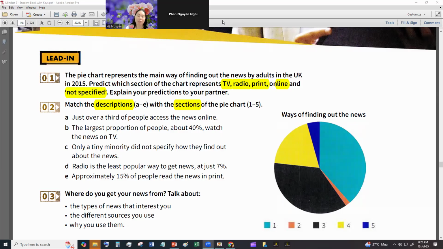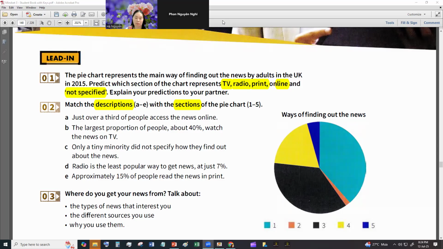Okay, so what about you, Nghi? Where do you get your news from? I usually get my news from a variety of social media, and the types of news that interest me most is related to science and technology, because I really like staying updated on new tech innovations, and the majority of the world events, because they help me understand how fast the world is changing.